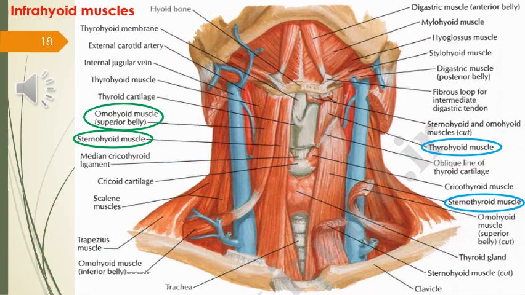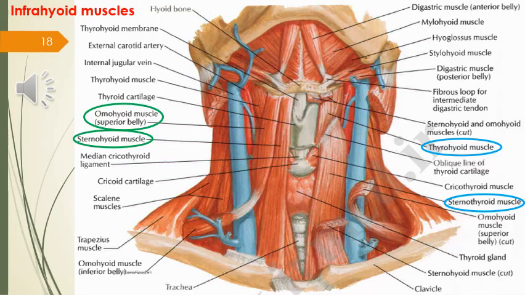So we can conclude that we have 4 muscles on each side of the anterior triangle of the neck in the infrahyoid area: omohyoid and sternohyoid, which I show you with a green circle, and thyrohyoid and sternothyroid, which I show you with a blue circle.